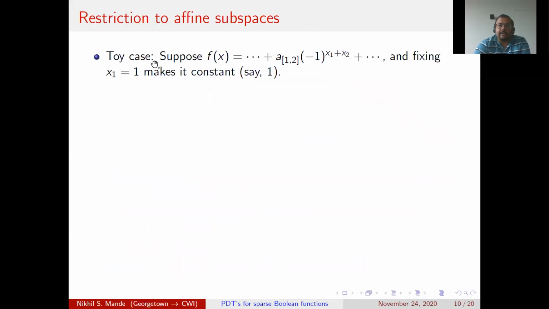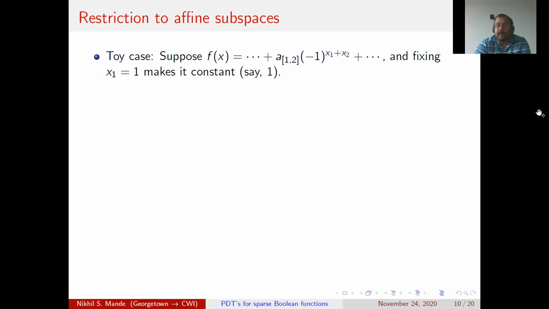Let's consider a toy case. Suppose there's a function f which is non-constant. In particular, without loss of generality, let's say it has this term appearing in its Fourier expansion. And say we fix x1 equal to 1 and it makes it a constant. What does fixing x1 equal to 1 do to the Fourier expansion of f?